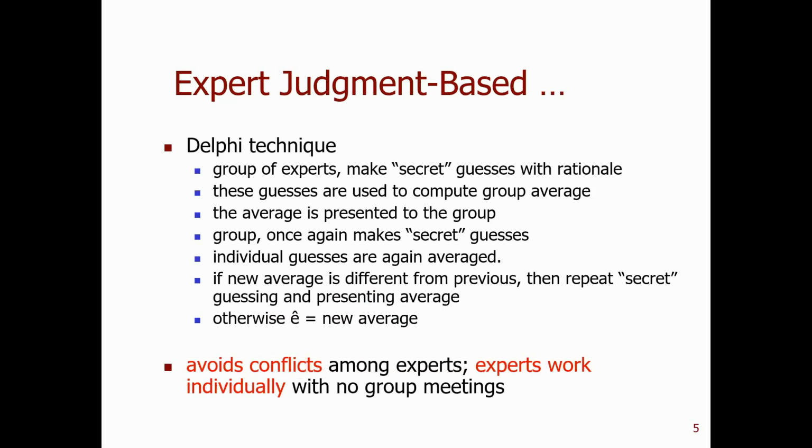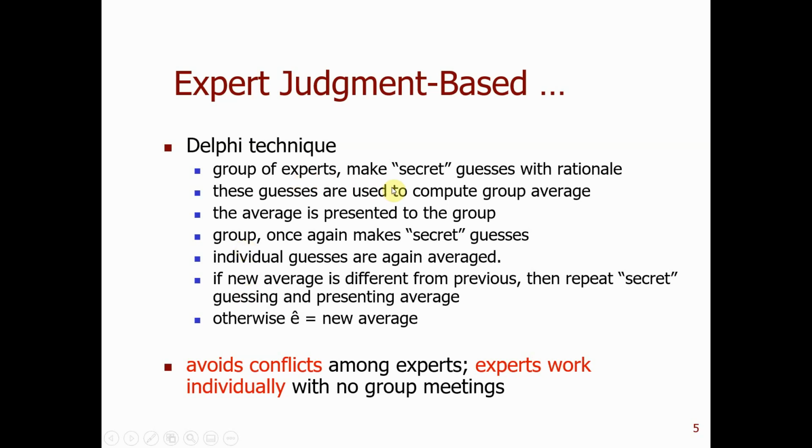So this is one way. There's another way. When you have a group of experts together, some aspects can be very strong and will influence the others. So to avoid that conflict, we can apply the Delphi technique. You still have a group of experts, but they make secret guesses.